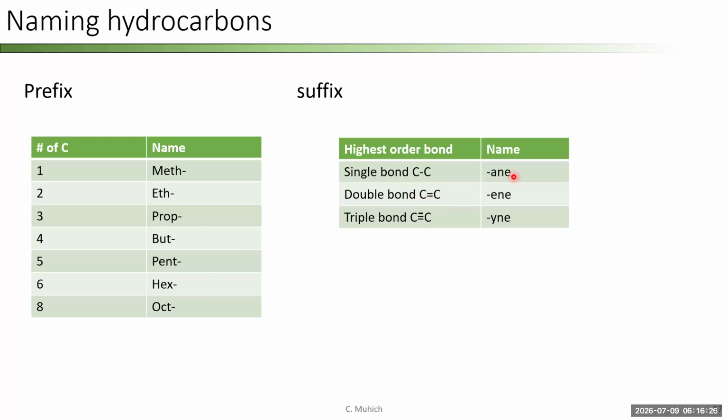If I have octane, right, eight carbons singly connected. I could also have ethyne, propyne, or butyne, if there is a triple bond in here. And so we can denote this with a single line, two lines, or three lines connecting the different carbons.